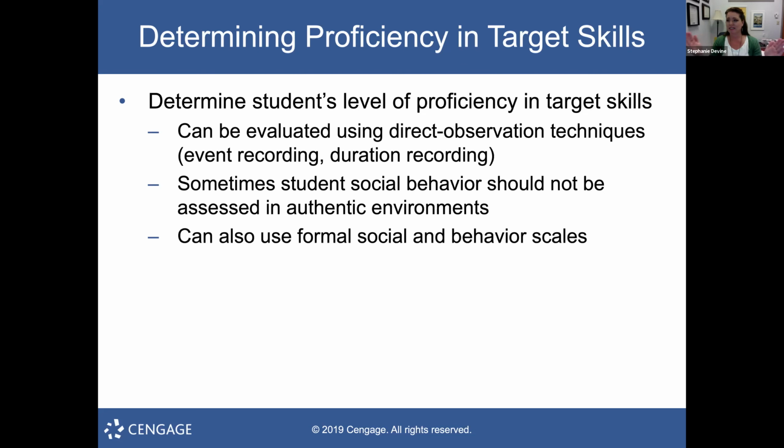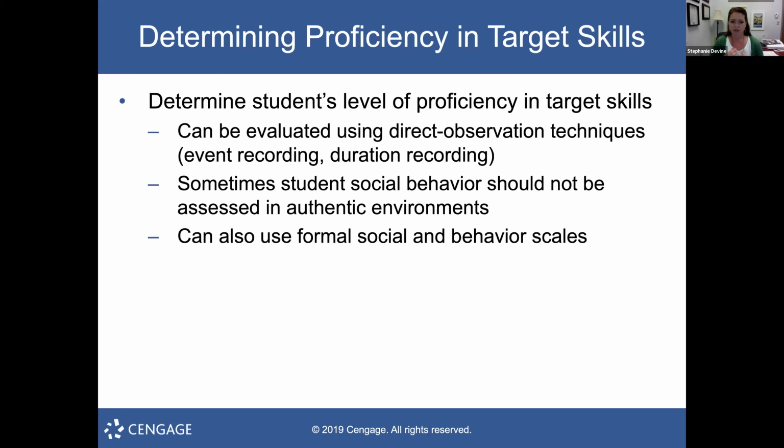Duration, of course, is the time it takes to perform the skill, or maybe even start the skill if you're looking at initiation. So depending on the target skill you're trying to work toward, you want to do some direct observation on that. So you want to do that for your case study student, okay?